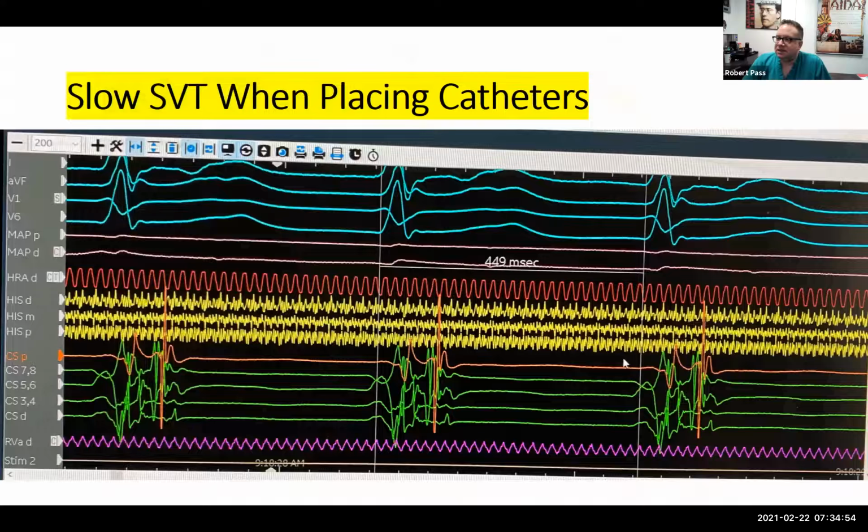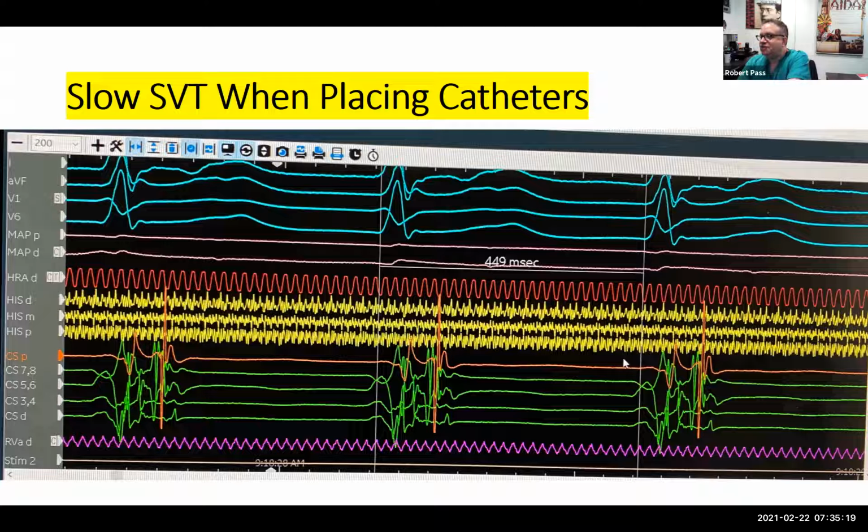All right. This is a slow SVT that started to develop when placing catheters in the heart. And I am going to ask Dr. Perna Bonsall of Manhattan, New York, if she can give me an idea of what she thinks the mechanism is.